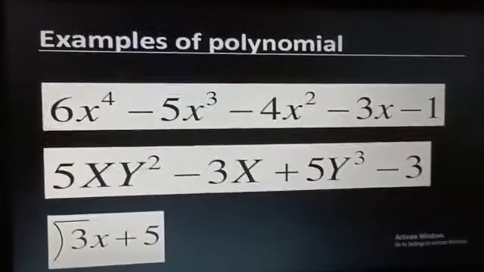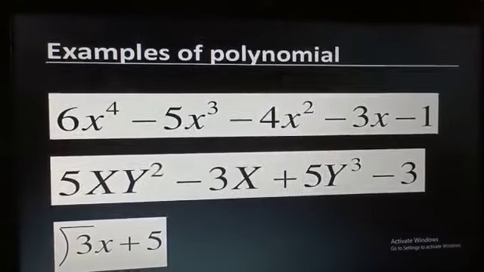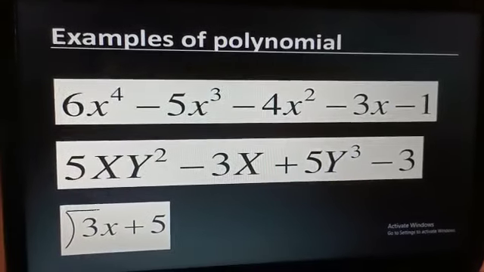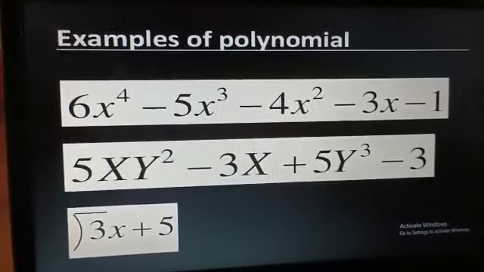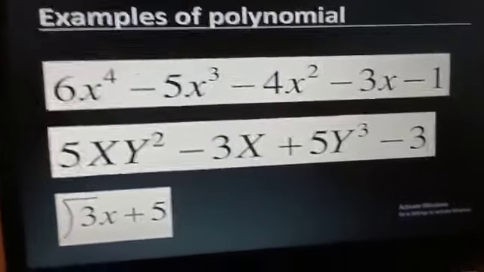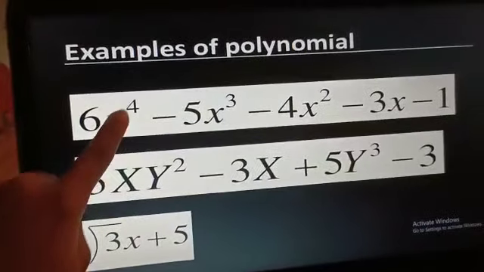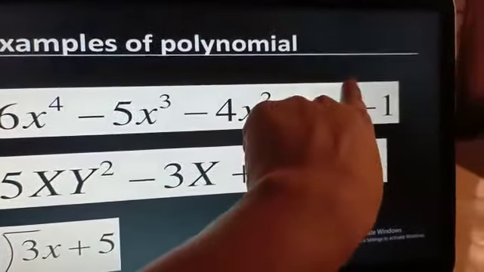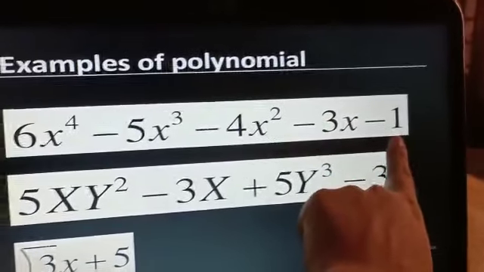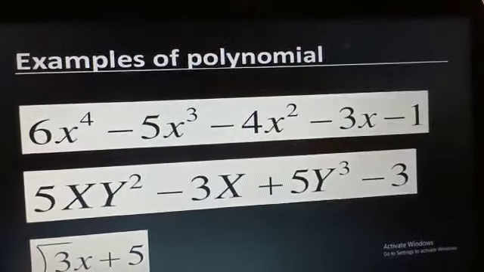5xy square minus 3x plus 5y cube minus 3 root over 3x plus 5. Now students, I need you to observe one thing. Here they have written the powers x to the power 4, x to the power 3, x to the power 2, x to the power 1 and no x. No x means it is x to the power 0.